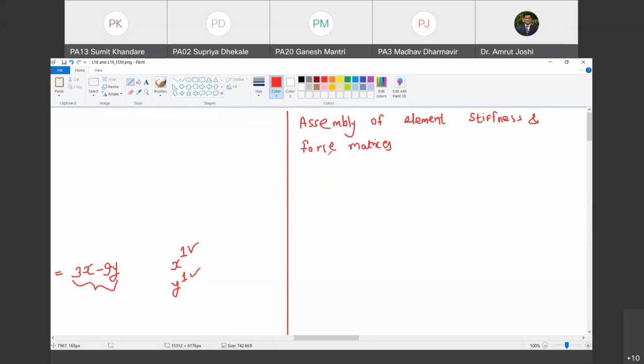And in the same method, I am going to teach you a method to write stiffness matrix directly. So direct method for writing down element stiffness matrix. Are you with me? Yes, sir.